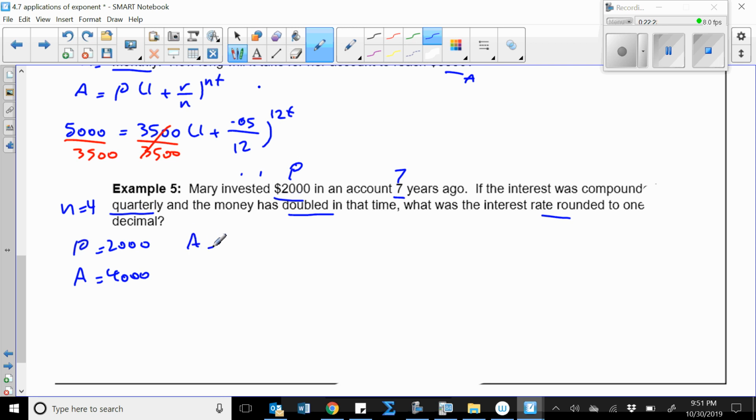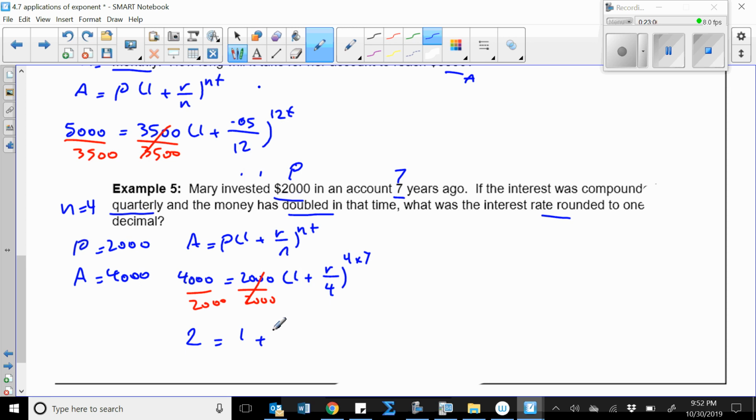Okay, so I'm going to use this formula, A equal to P times 1 plus r over n to the power of nt. So 4,000 is equal to 2,000 times 1 plus r over 4, to the power of 4 times 7. The first thing that I can do here is to divide by 2,000. So the left side will be 2.